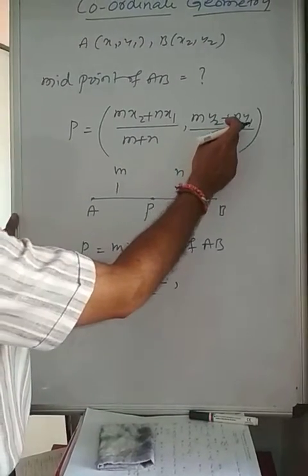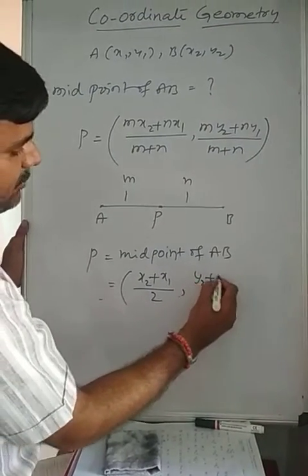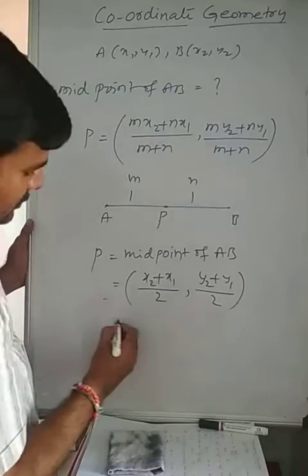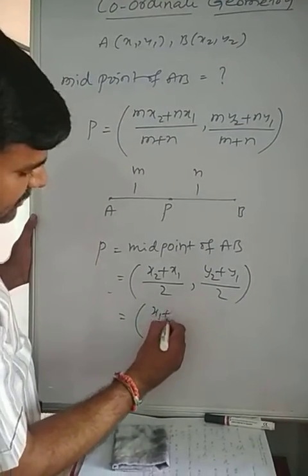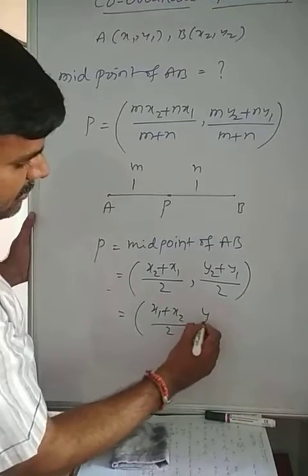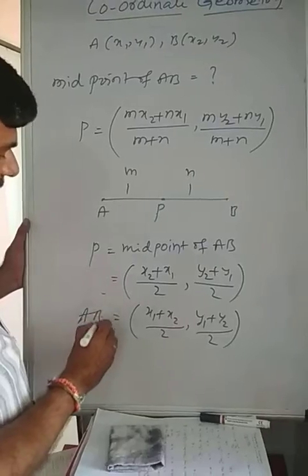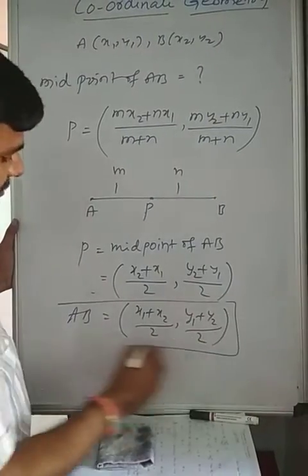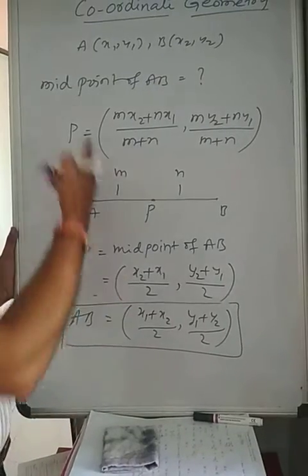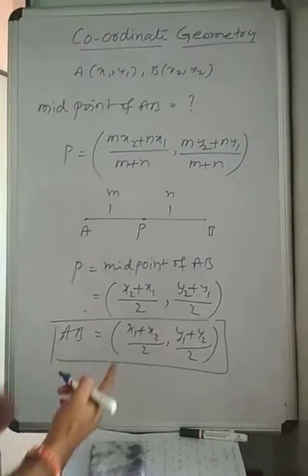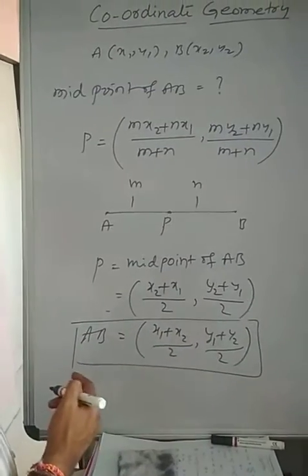Similarly, y2 plus y1 by 2. Writing the terms in order, this is x1 plus x2 by 2, comma, y1 plus y2 by 2. Therefore the midpoint of AB formula, given the two points A (x1, y1) and B (x2, y2), is (x1 plus x2) by 2, comma, (y1 plus y2) by 2.